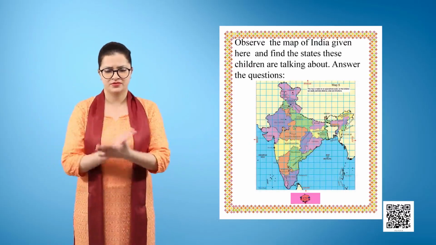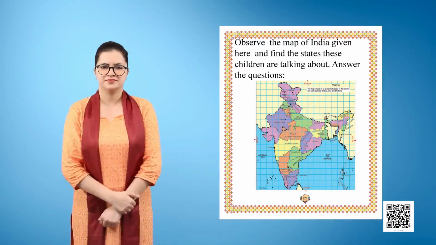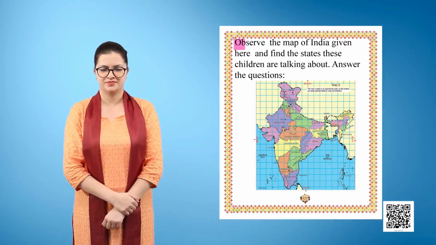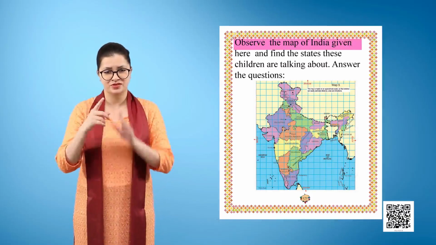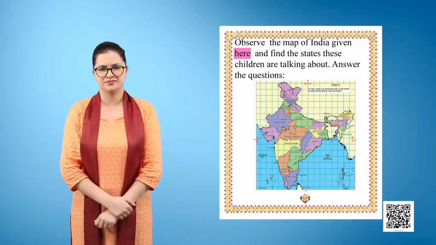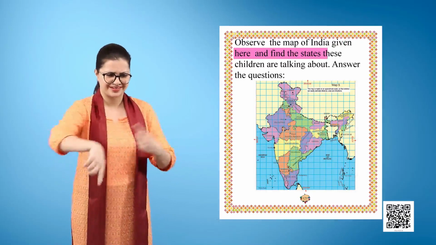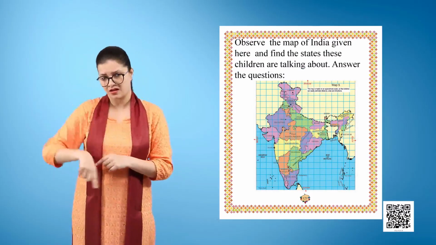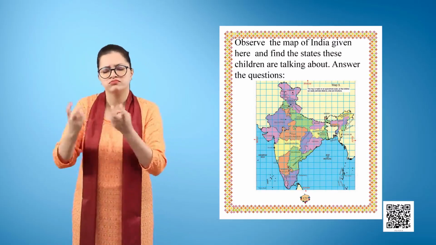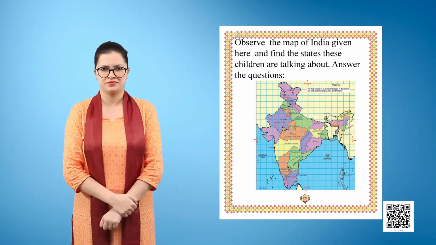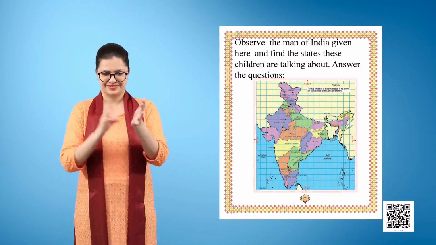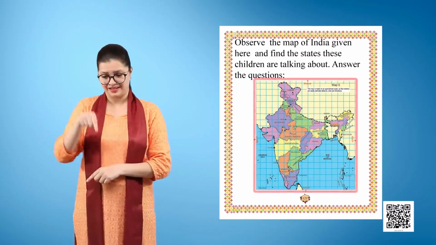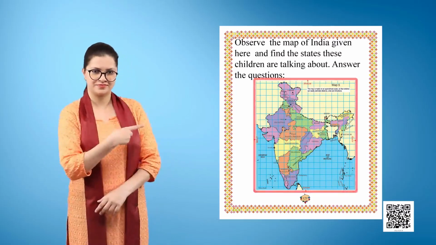Page 121. Observe the map of India given here and find the states these children are talking about. Below this is Map 5, the map of India.